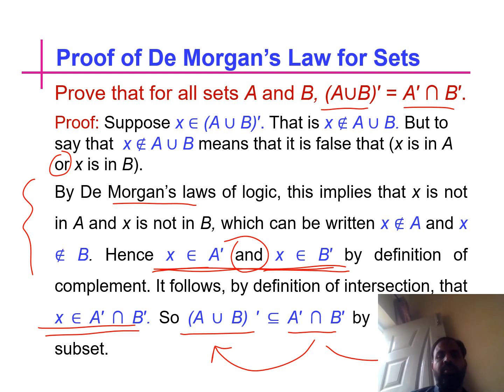But to say that X doesn't belong to A union B means that it's false that X is in A or X is in B. It means X is neither in A nor in B. By De Morgan's laws of logic, this implies that X is not in A and X is not in B. So we can write X doesn't belong to A and X doesn't belong to B.